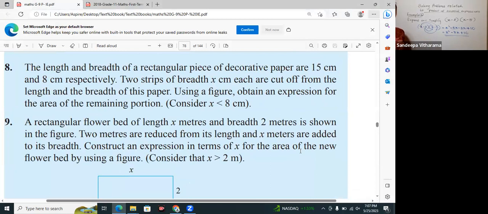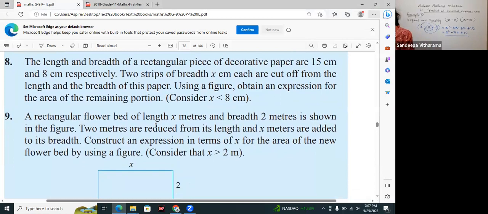Okay, Pute, please write down the eighth question on the screen. Please write down the eighth question here.